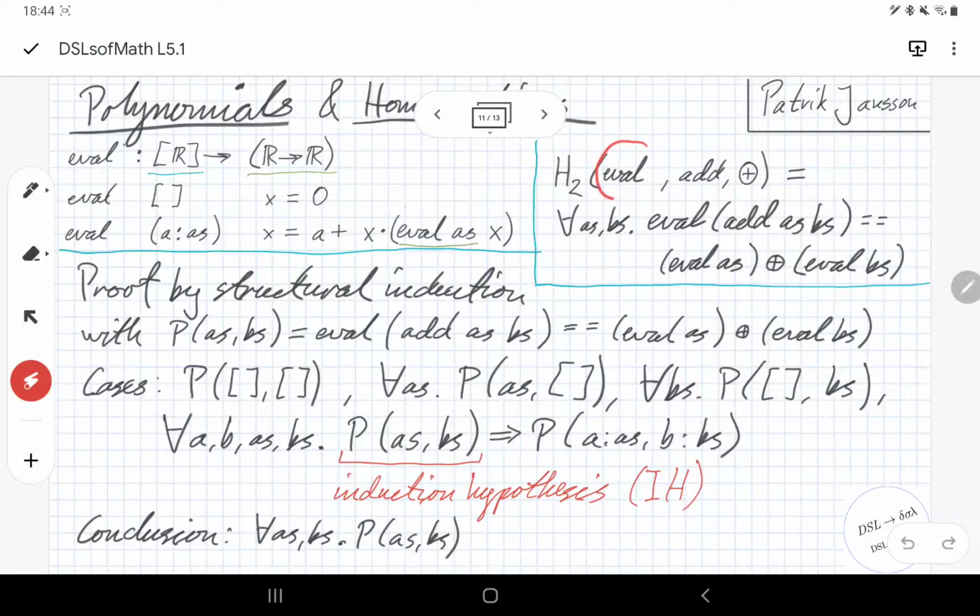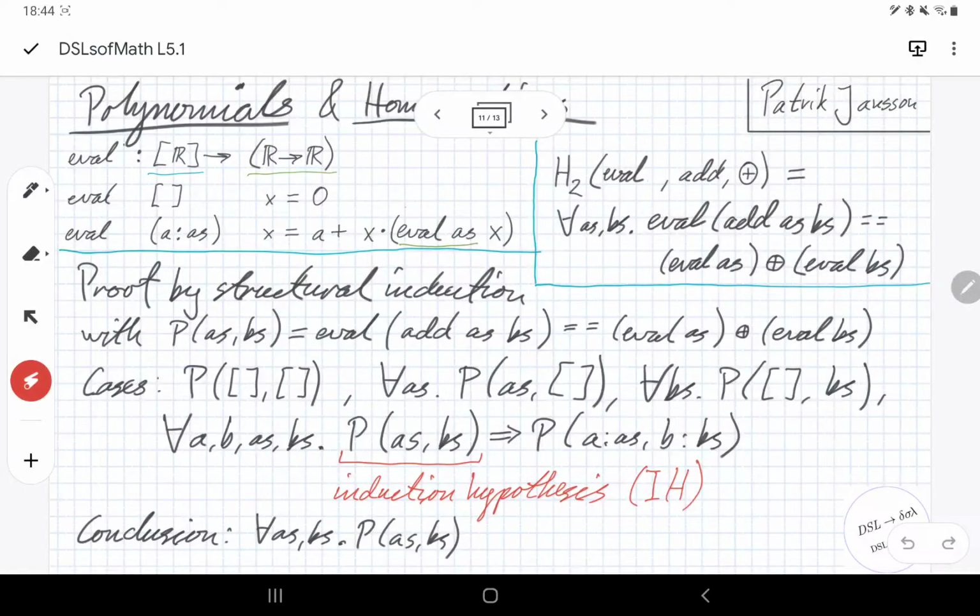And this is stated up here: eval takes add to function plus, and we've expanded it, saying that for all pairs of lists AS and BS, if we first add them syntactically and then evaluate, that gives the same result as if we first evaluate both to functions and then add them up. And notice here that the equality is not really implementable in Haskell, it's an equality on functions. But mathematically speaking, this is quite okay.